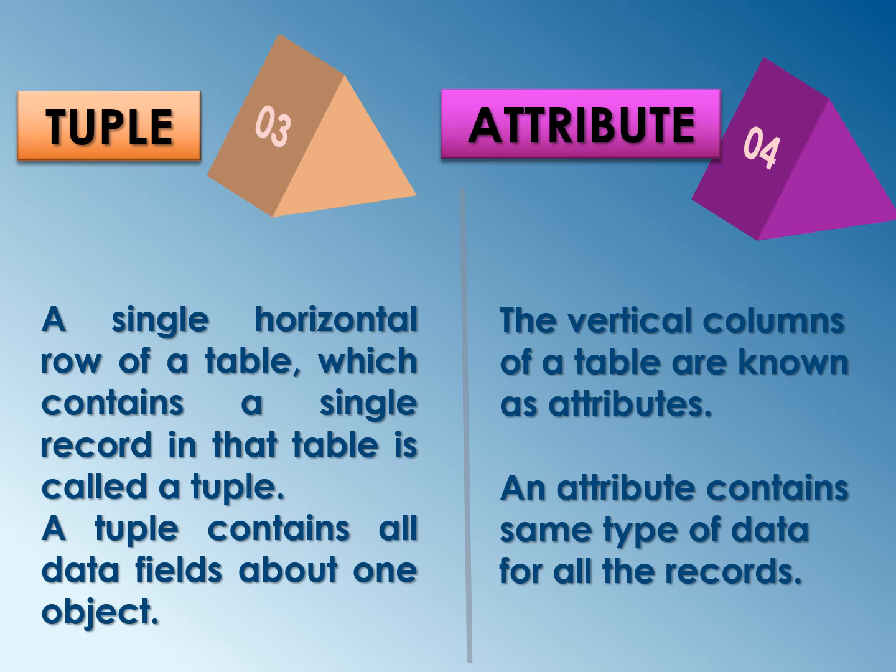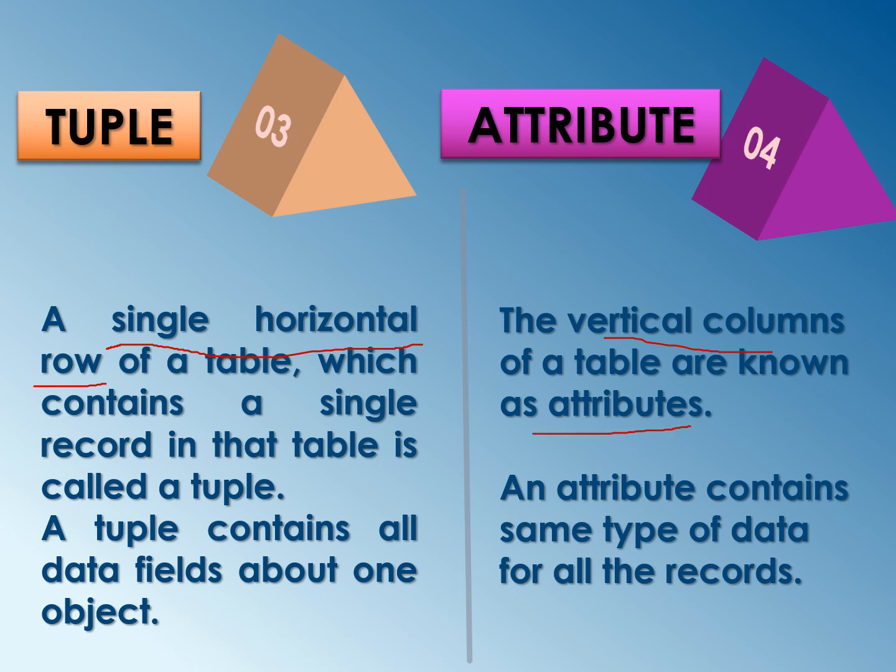Then we talk about a tuple. A tuple is a single horizontal row of a table which contains all the pieces of information about that particular object. The vertical columns are known as attributes.